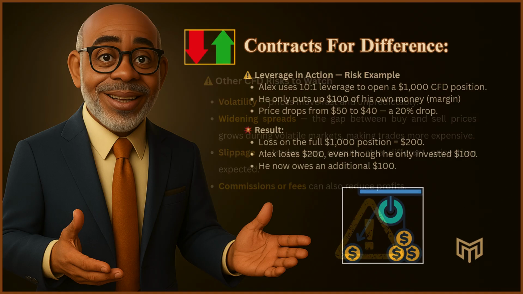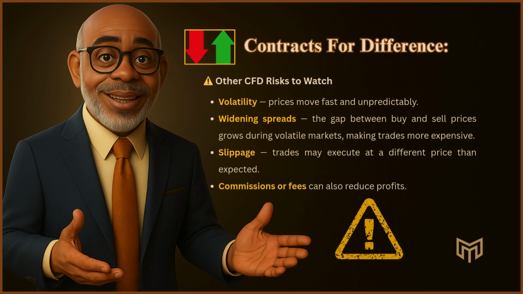But leverage isn't the only thing to watch out for. When markets get volatile and prices move fast, spreads can widen, meaning the gap between the buying and selling price gets larger. This makes it more expensive to open or close a trade. You can also face slippage, where your trade executes at a different price than you expected, and commissions or fees can eat into profits.